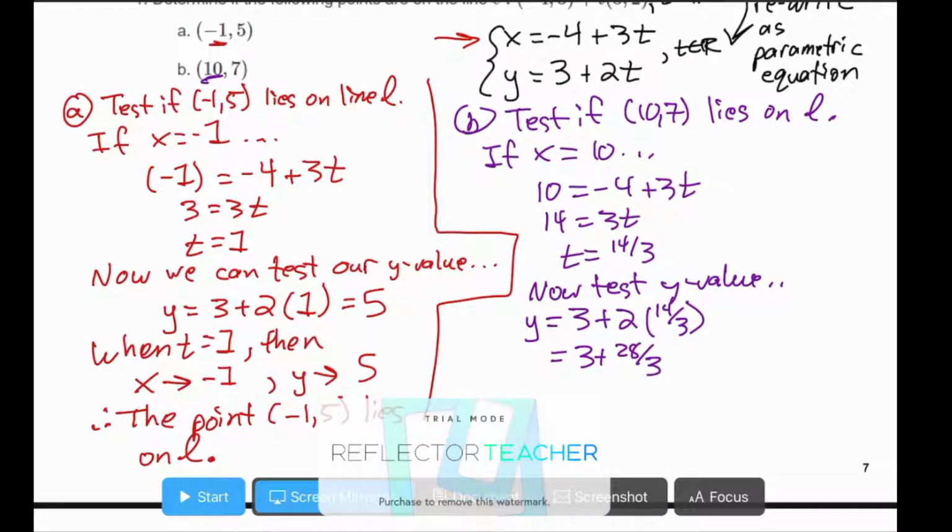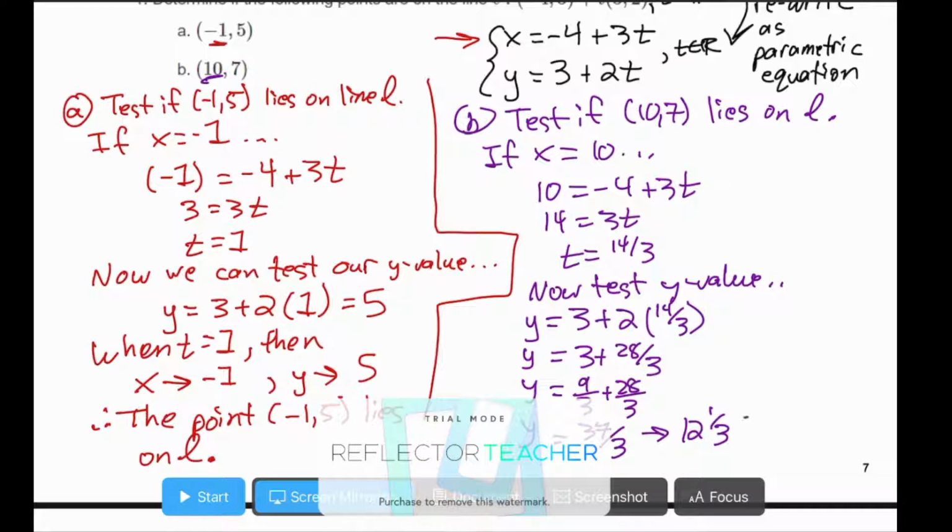Let's solve this properly, working with fractions here. So 3 is 9 over 3 plus 28 over 3. It's going to give us 37 over 3. Or if we really wanted, 12 1/3. Now, I don't know about you, but I don't think 12 1/3 is equal to the value of 7 that we were looking for.